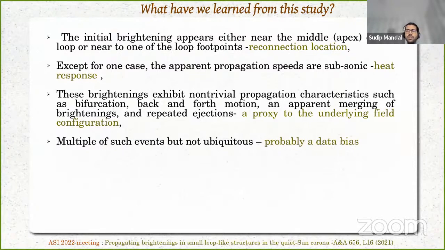That is important, given that in terms of energy deposition, we always need many of these small scale events, but we do not see many of them. This could be a data bias because we have only analyzed one of these data sets. Maybe they are there in other data sets all the time.